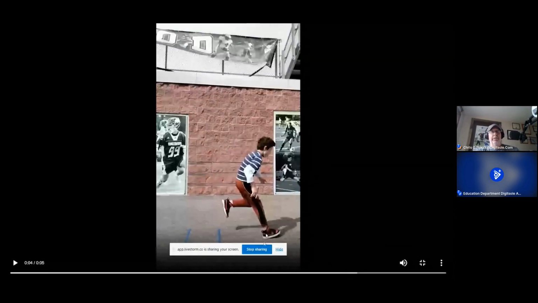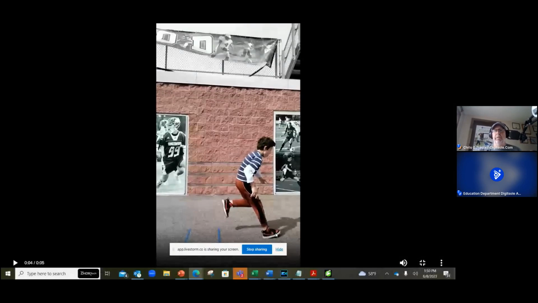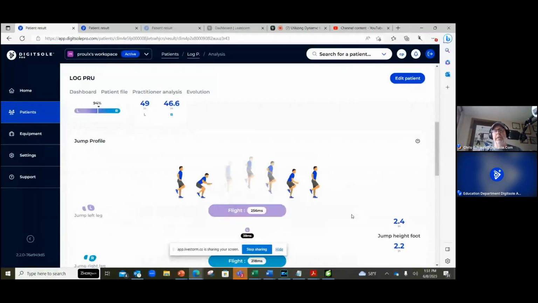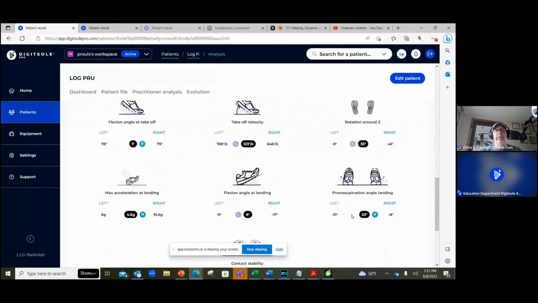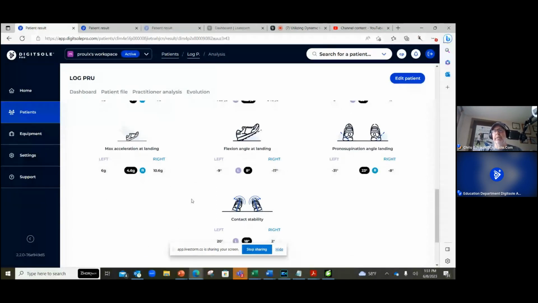So he's basically heel striking, which again is not very typical if you're a broad jumper or long jumper landing in a sand pit. But I don't want really someone heel striking like that when they're typically slowing down and decelerating, right? So that's why his acceleration rate at landing is not quite double, but it's about 40% greater than it is on the left.